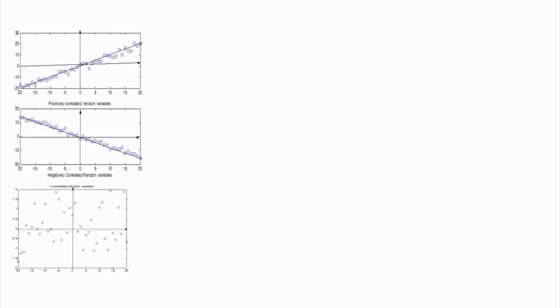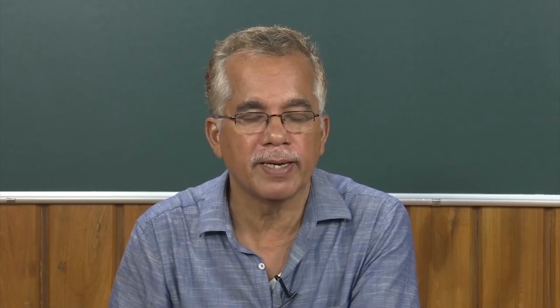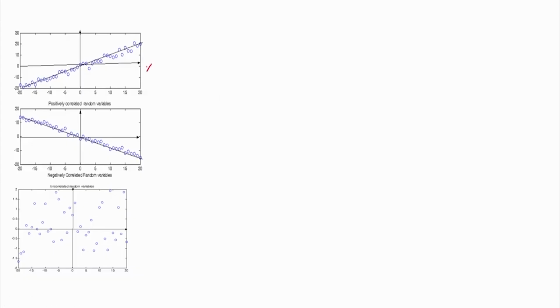So, what does correlation imply? Correlation is a type of dependence. What type of dependence? Suppose this is x, this is y. Now, we can approximate y in terms of x by a line.